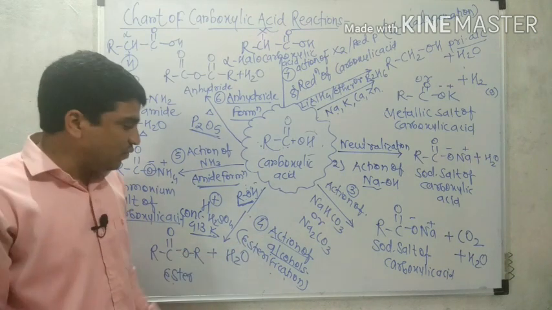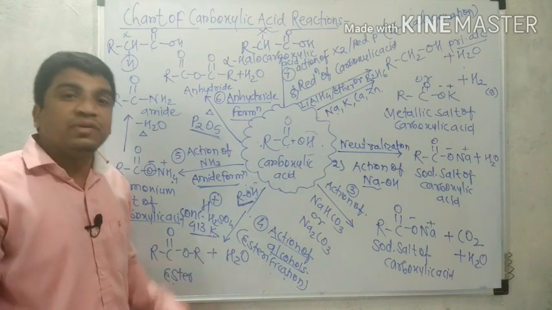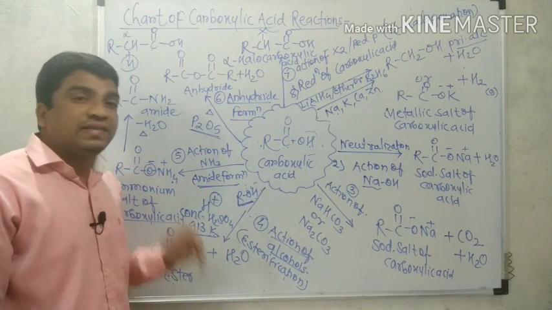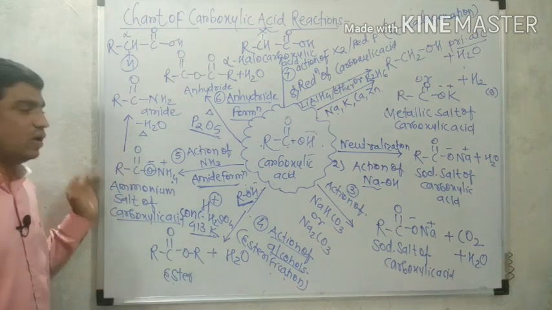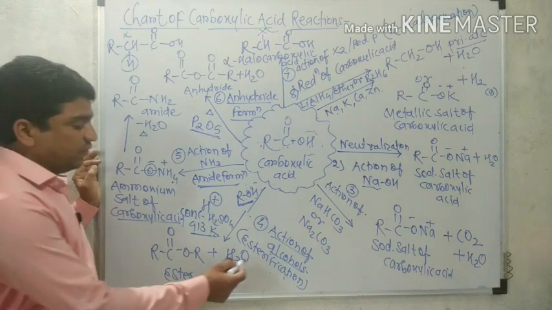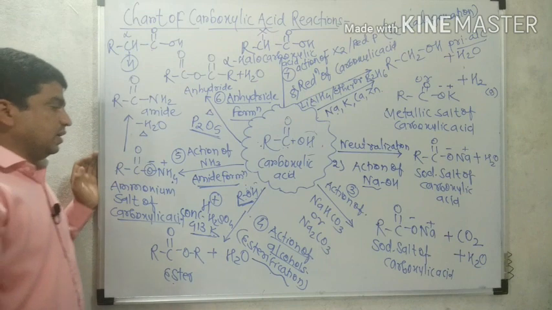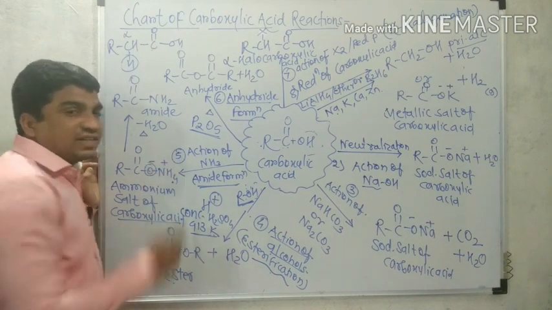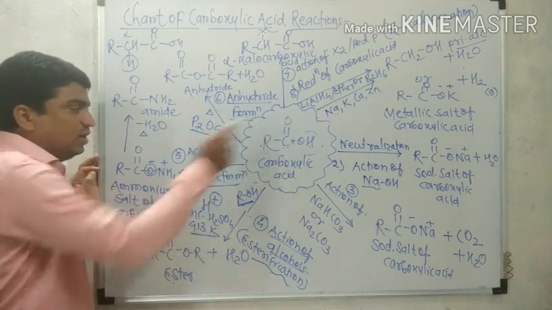Now reaction number 4, action of alcohol. When carboxylic acid reacts with alcohol in the presence of acid like concentrated sulfuric acid at a temperature of 413 Kelvin, the reaction gives ester, therefore the reaction is called esterification reaction. Now after esterification, reaction number 5, action of ammonia on carboxylic acid.